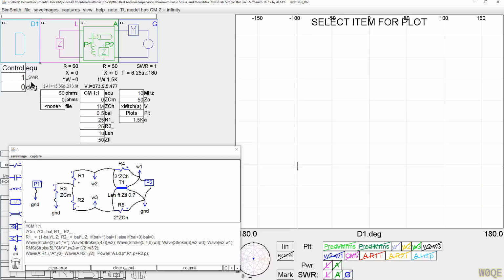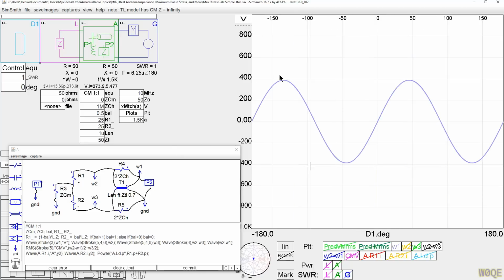For 1-to-1 SWR, I can look at the voltages coming into this circuit. A 1-to-1 SWR with a balance of 50% has 25 ohms here, 25 ohms here. And let's look at the voltage we see. W1 is an oscilloscope plot of 1500 watts, which is 273 something volts RMS.